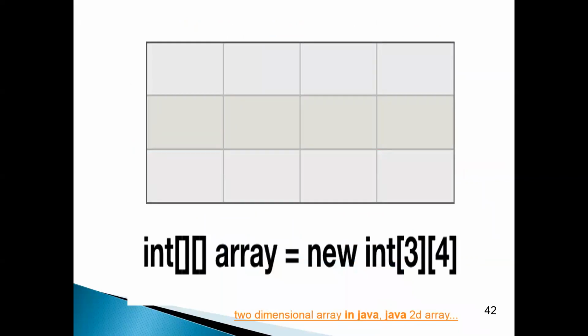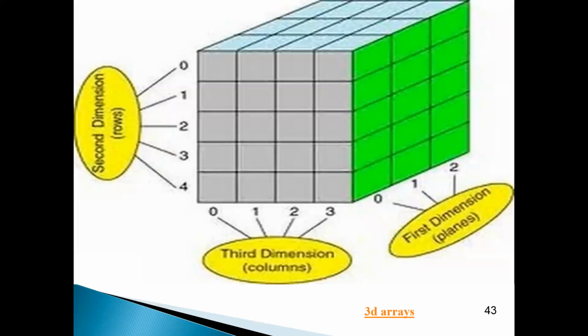Two-dimensional array in Java. Size 3 by 4. Next slide. This picture presents 3-dimensional arrays. In general, guys, it looks like a Rubik's Cube.